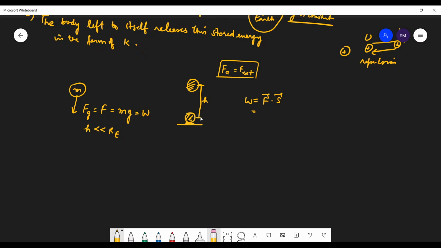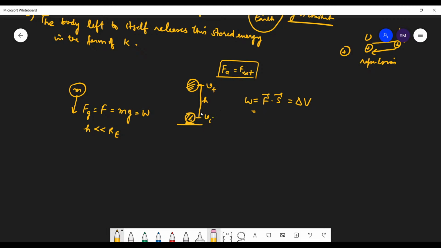Students, this whole work done will only be changed into potential energy when I take the ball upward with infinitesimally small velocity, such that initial velocity is equal to final velocity. If both are the same, then only the work done by me will be stored as total potential energy. So this is the case that we will be taking.